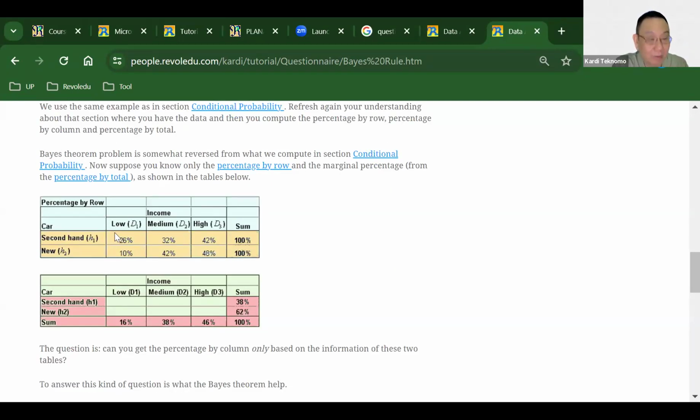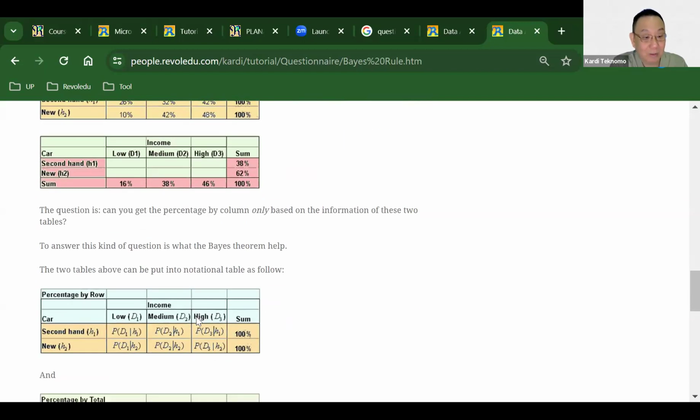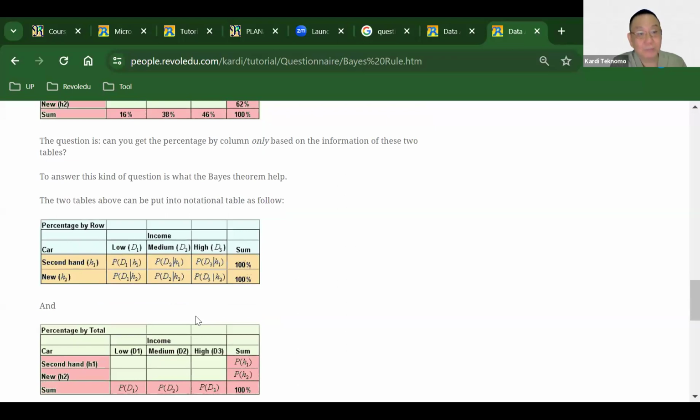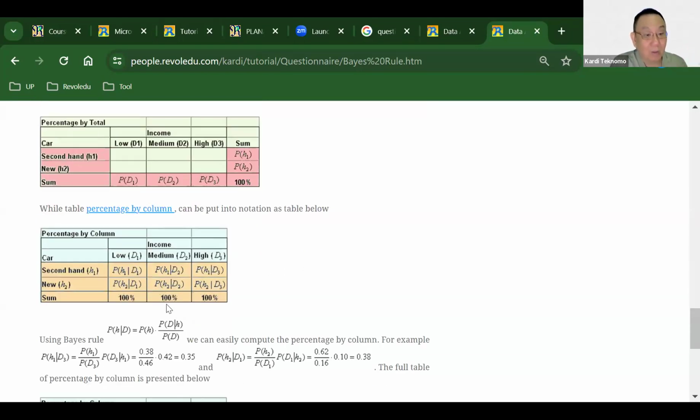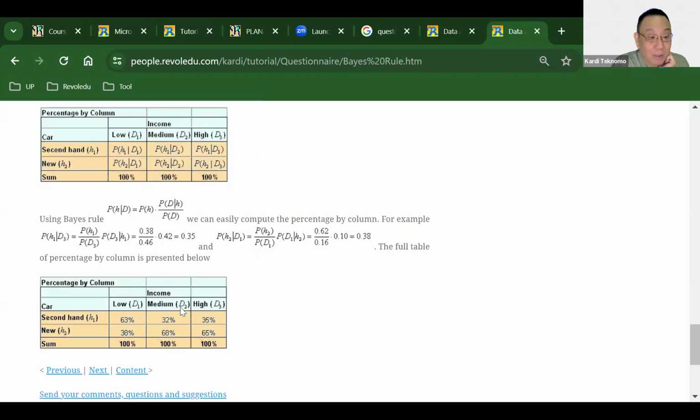If you have a percentage by row like this, and you also know the prior probability, the question is, can you get the percentage by column based on these two tables? Yes, of course. This is the one that we can compute using Bayes theorem. So you can get back the other information presented by column, using that formula.